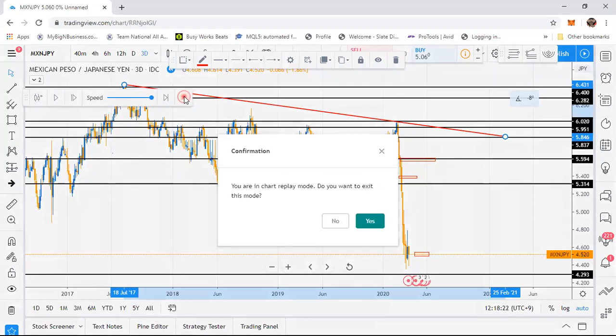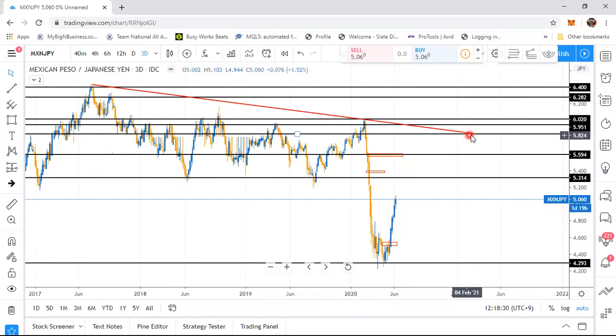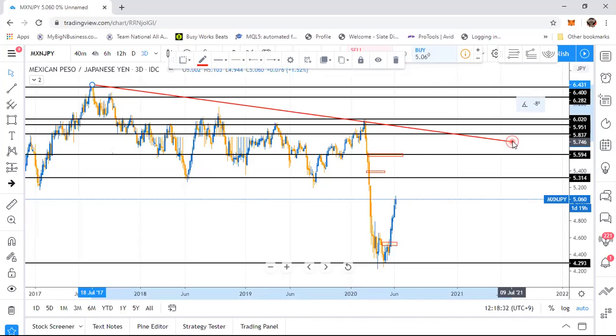Let me end this real quick in chart replay mode. Trading is still very subjective, and if you don't take the time to actually learn how to read the charts, understand what the candlesticks mean, and understand how to use the tools available to you, then all you're doing is gambling.